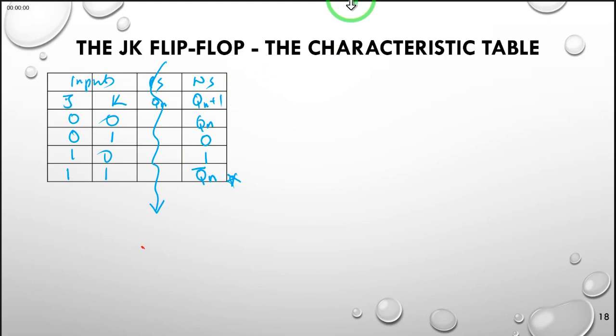So having developed the characteristic table of the JK flip-flop, we now move and discuss the excitation table. The excitation table of a JK flip-flop or any other flip-flop is always generated from the characteristic table.